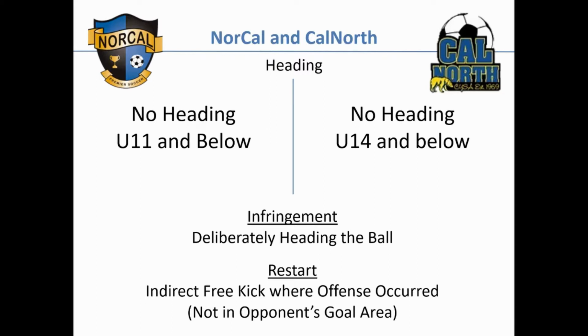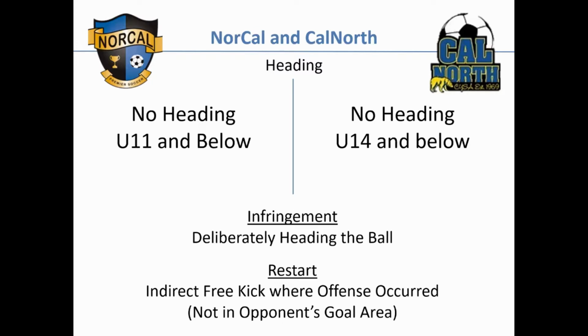The key element for both organizations is going to be deliberate hitting of the ball. If someone deliberately hits the ball, first of all, I want to make sure everybody understands clearly, they are not committing a foul. As they put it over here, it is a technical offense.